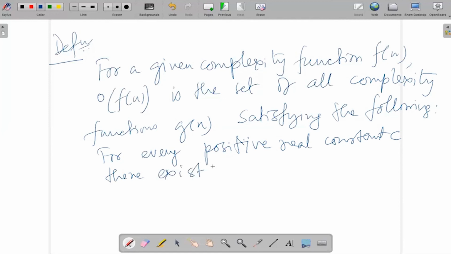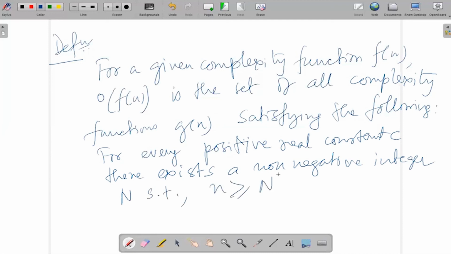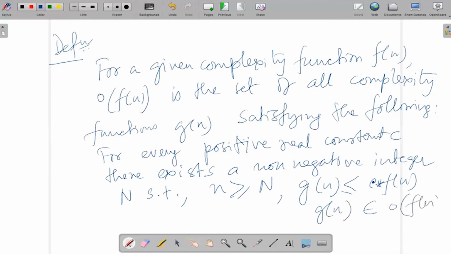there exists a non-negative integer N such that for n greater than or equal to N, Gn is less than or equal to C Fn, or Gn is small o of Fn. So note the important distinction. For big O, we did not have this specific condition.